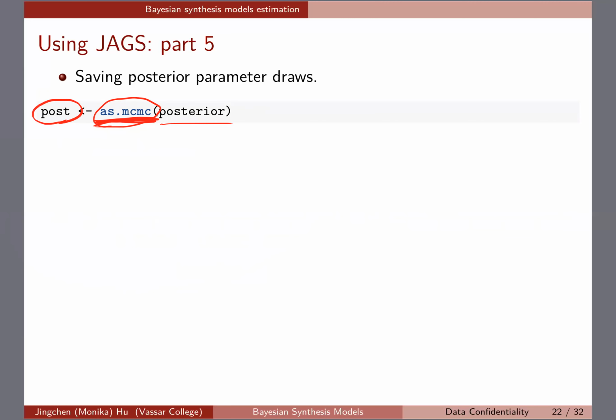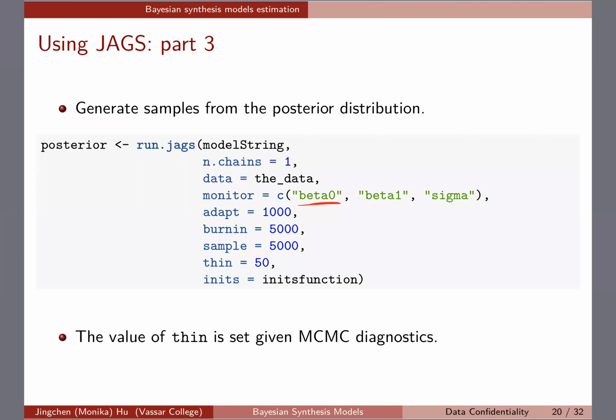And it is from here that I'm going to get the draws for beta 0, beta 1, and sigma. Remember the monitor just now. Let me go back here. The monitor is beta 0, beta 1, and sigma. So soon you will see that each column of the post that we just saved corresponds to each of the parameters here. So it will be easy for us to extract them later when we're doing the synthesis process.